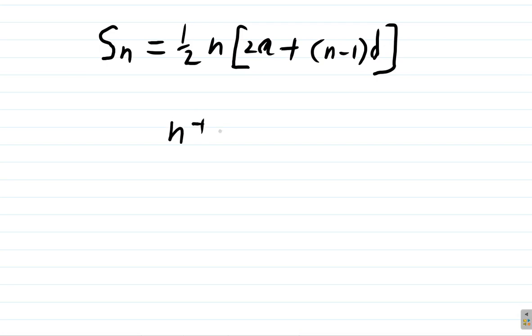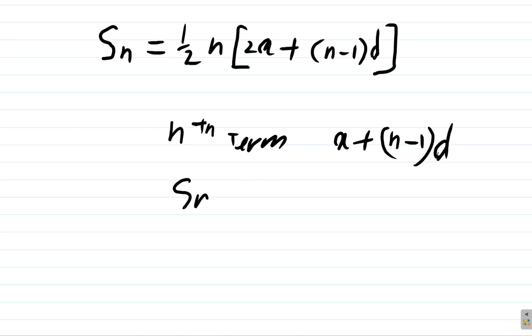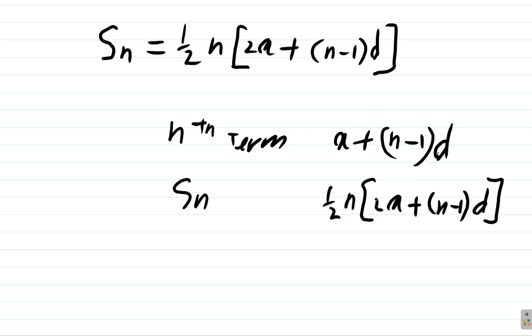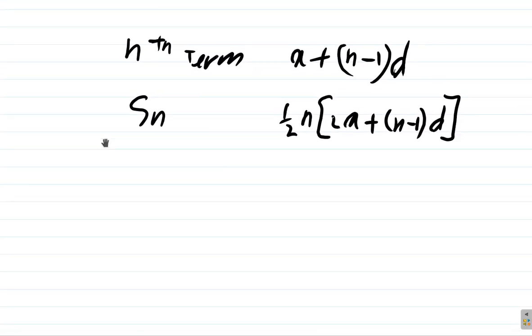The nth term is a plus n minus 1 d. And the sum of the first n terms of the arithmetic progression is half n times 2a plus n minus 1 d. Wow. Beautiful.